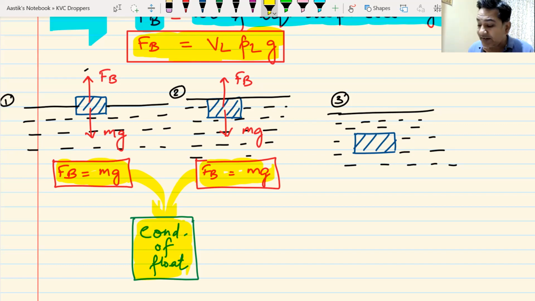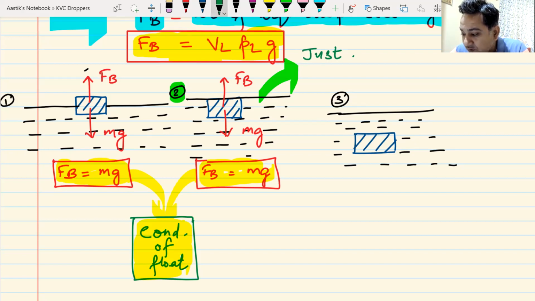The second case is known as the case of just floating, or about to sink. Even if I put a drop of liquid on the top, this body will sink. Do we understand this?